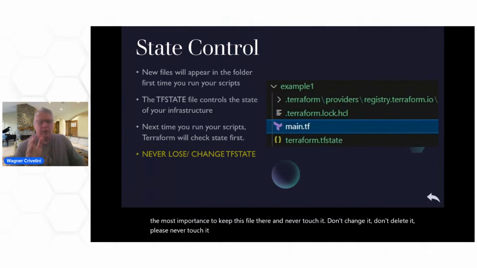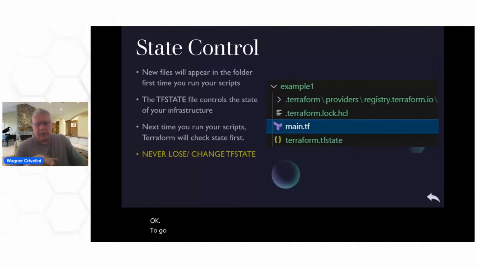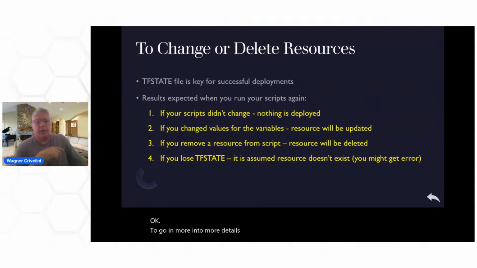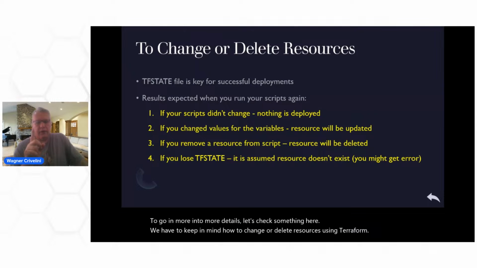This is how Terraform controls what it has to do. Okay? To go into more details, let's check something here. We have to keep in mind how to change or delete resources using Terraform. And see what we have here.